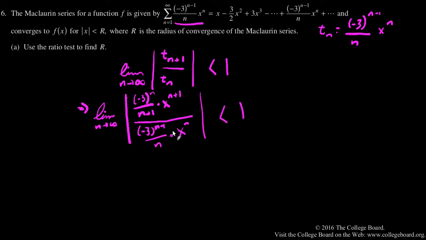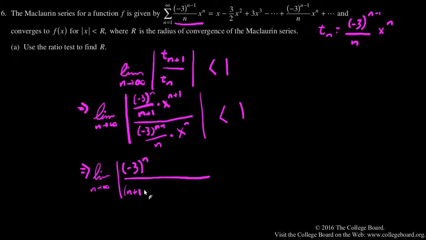And now I'm going to work things out, and this is the way I like to look at it. So this all implies the limit as n approaches infinity of this (-3)^n is in the numerator of the numerator, so it stays in the numerator. This n plus 1 is in the denominator of the numerator, so it goes down in the denominator.